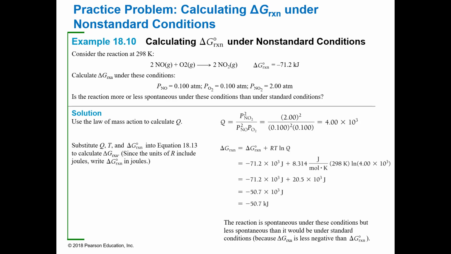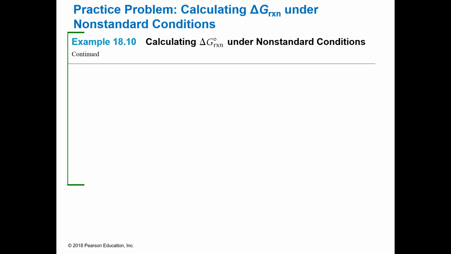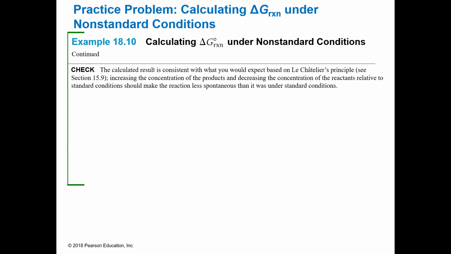So what they want you to do here is to say that it's less spontaneous. So therefore, it says the calculated result is consistent with what you expect based on Le Chatelier's principle: increase the concentration of the products and decrease the concentration of the reactants relative to the standard conditions would make the reaction less spontaneous. So you could, I guess, infer that from your new value there.